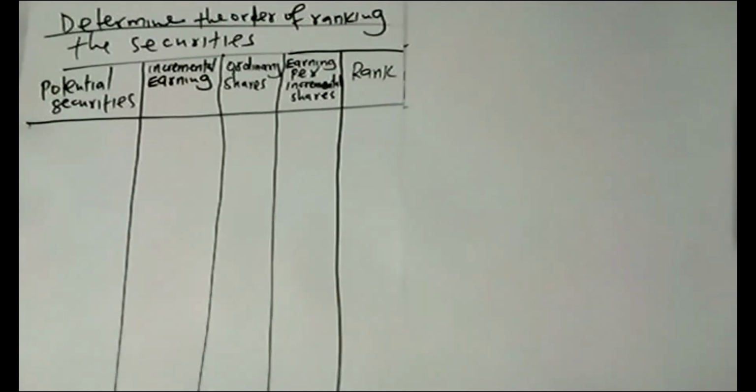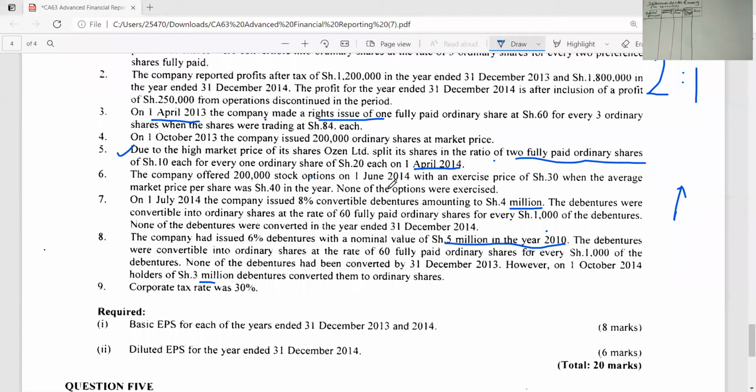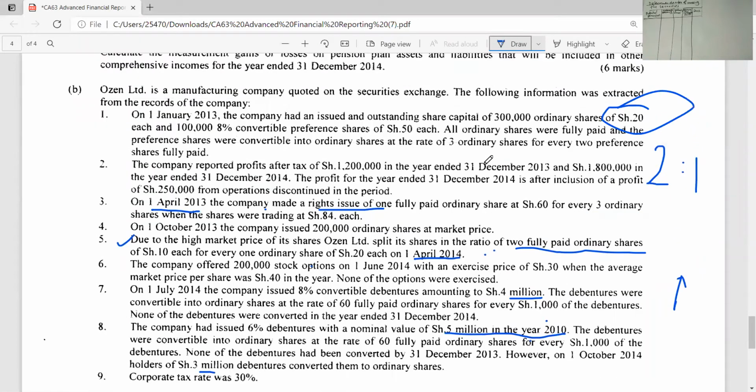Now you identify the securities which are potential in this question. The securities which are potential here: we have the convertible preference. This is the first one.